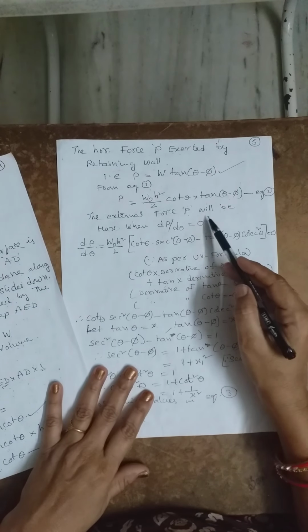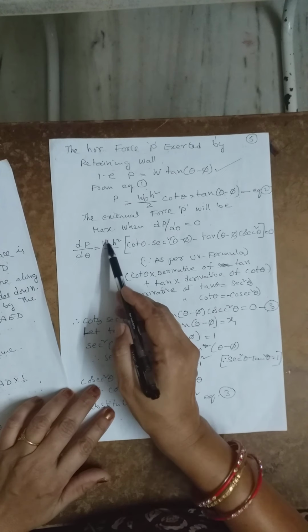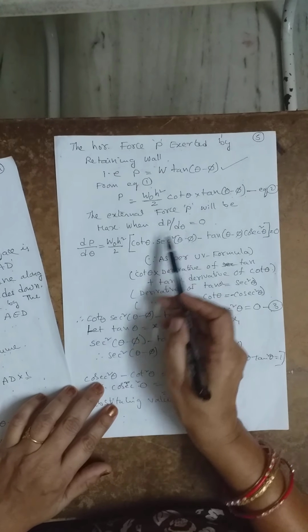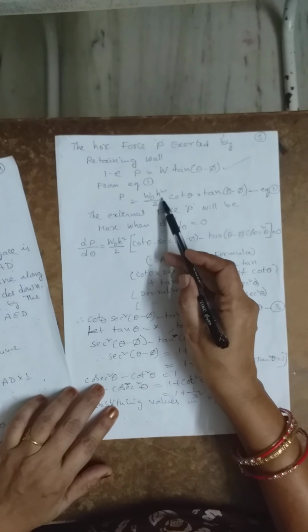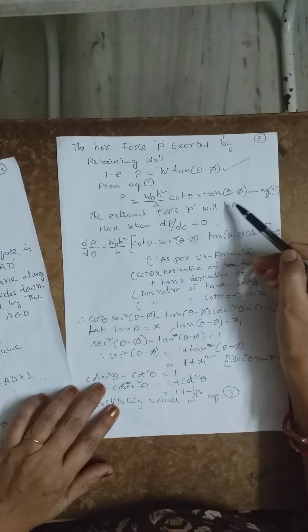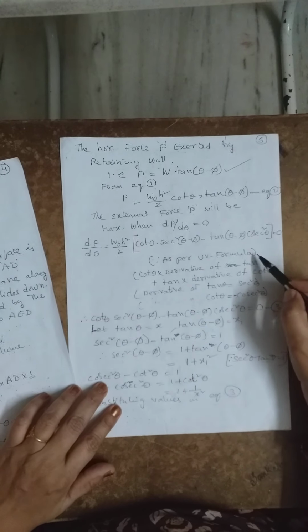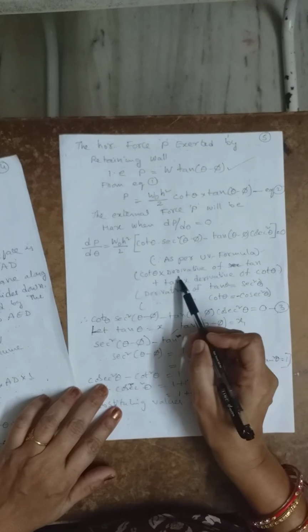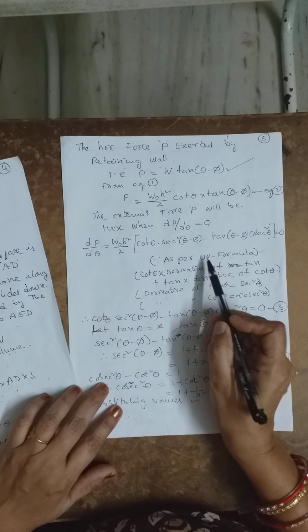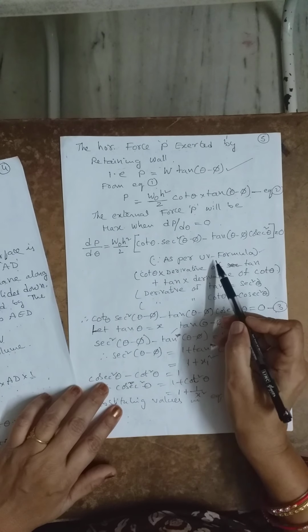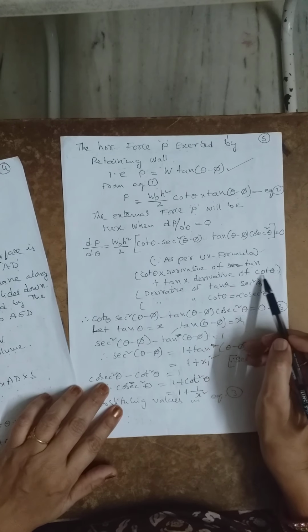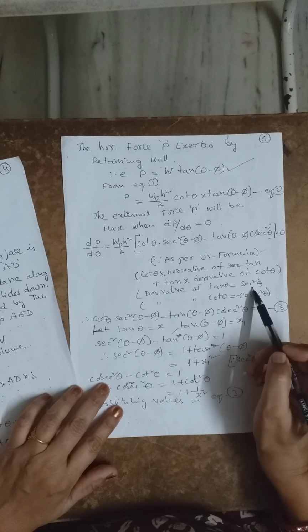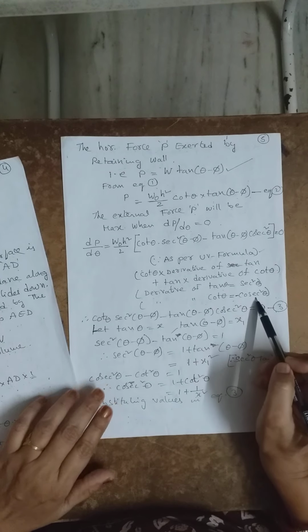The external force P acting over this will be maximum when dP by d theta is equal to 0. So dP by d theta is equal to w0 H square by 2 into, as per the UV mathematical formula, cot theta into the derivative of tan of theta minus phi, plus tan of theta minus phi into the derivative of cot theta. The derivative of tan theta is secant square, and the derivative of cot theta is minus cosecant square.